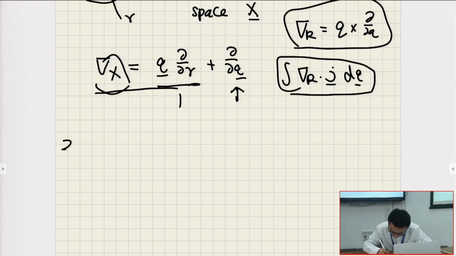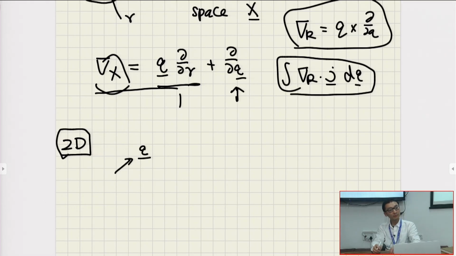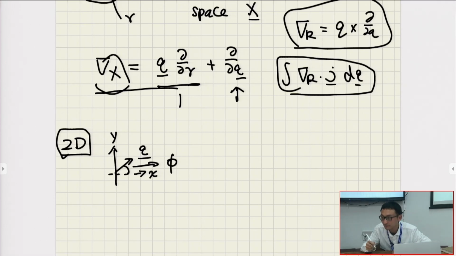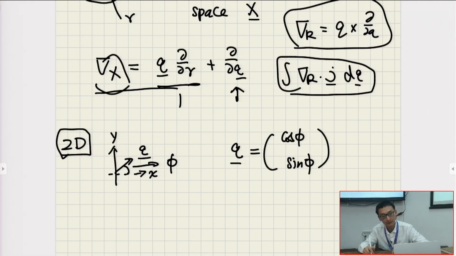So let's think about 2 dimensions. In 2D, we have an orientation vector q. We can parameterize q using a single angle, say phi, with respect to Cartesian coordinates x and y. Then essentially you can write q as cosine phi, sine phi in vector notation.